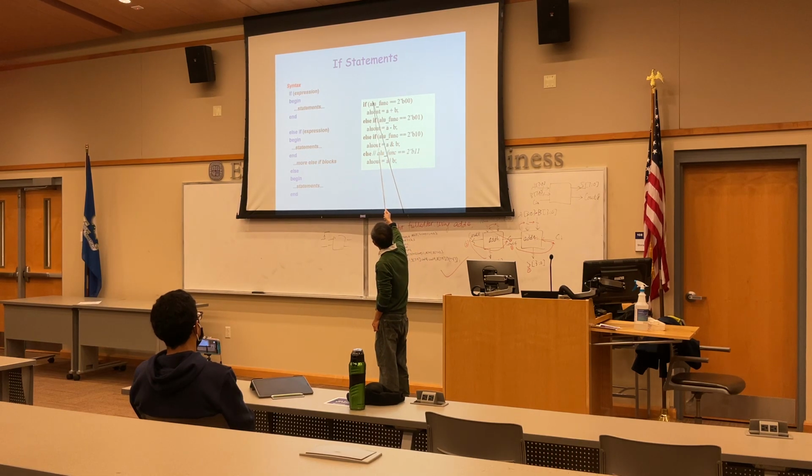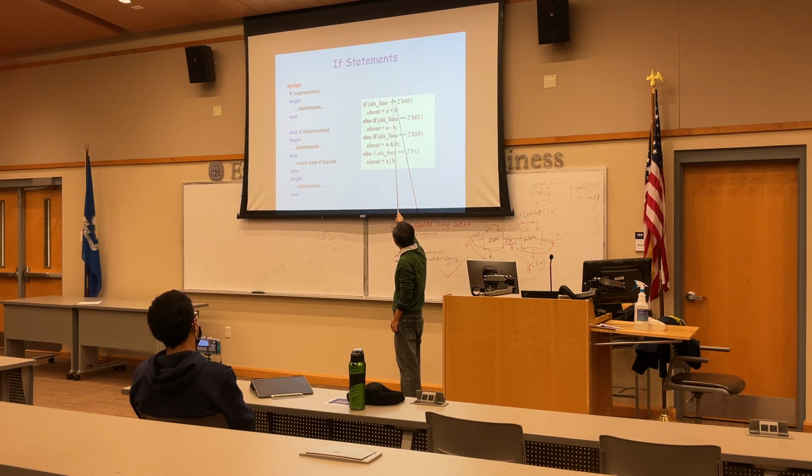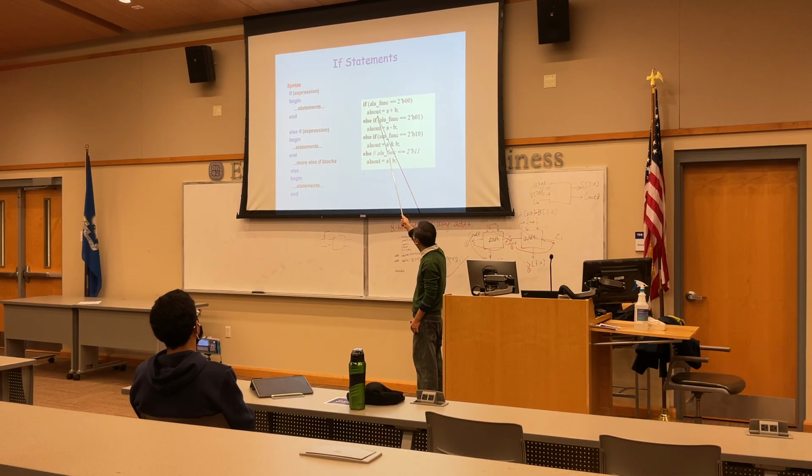If what operation? ALU function, that's a mode direction. It's 2-bit. So if it is equal, the conditional is true or false. Double equal. If this ALU function is 2-bit binary 0, 0, then I perform addition of A and B, send to ALU out. Assign, right?